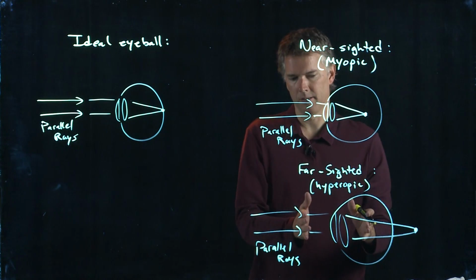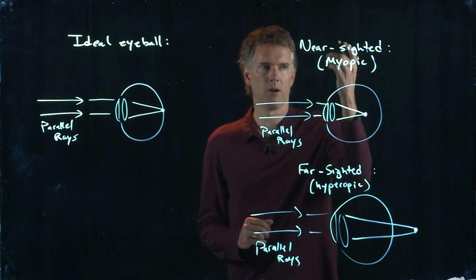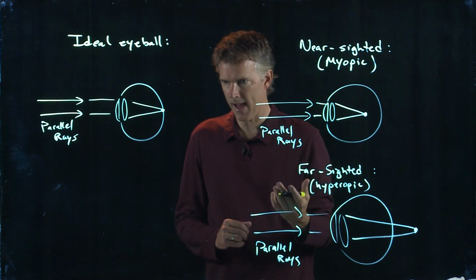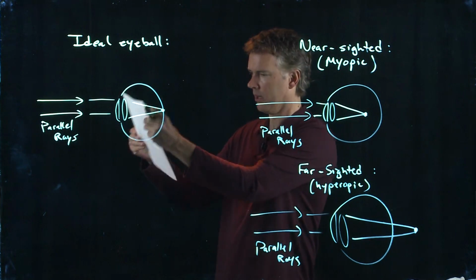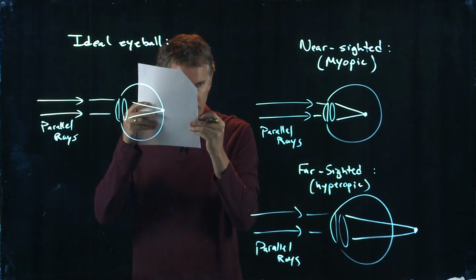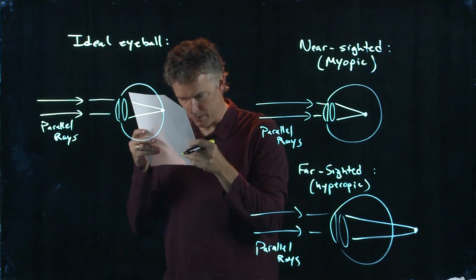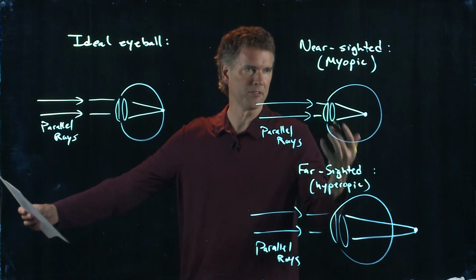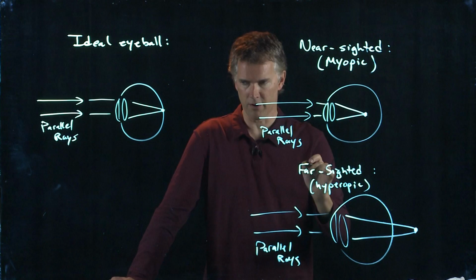This is farsightedness. So, when you think about if you're nearsighted or farsighted, how do you determine that? Well, the first thing you do is you take off your glasses and you hold up your book and you put it really close. And if you can read it when you're really close, then you're nearsighted. If you can't read it when it's really close, then you're farsighted. Okay, and this is obviously where they get the name. You can see things near or you can see things far.